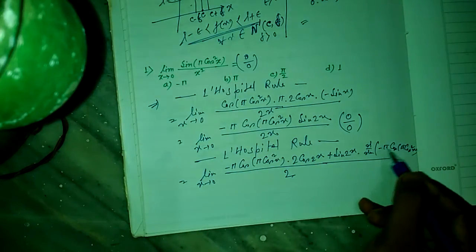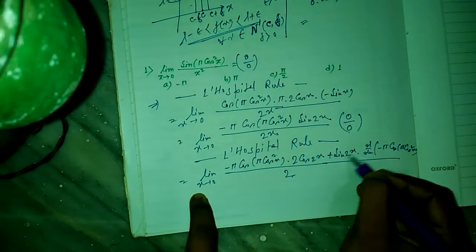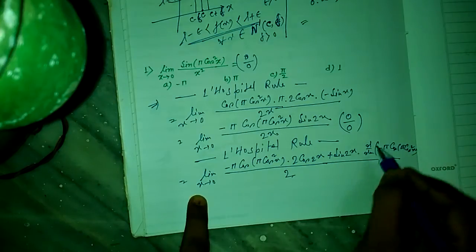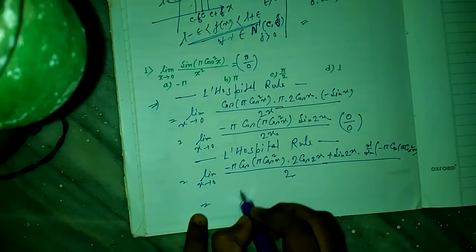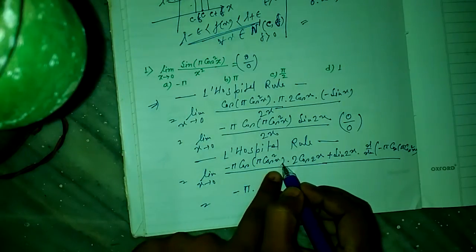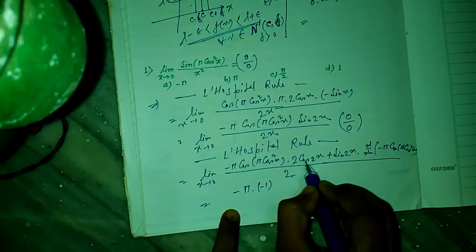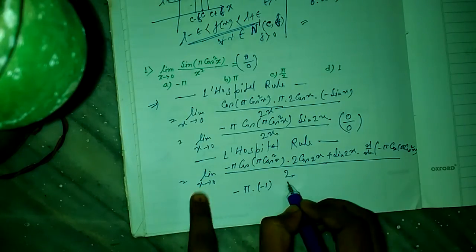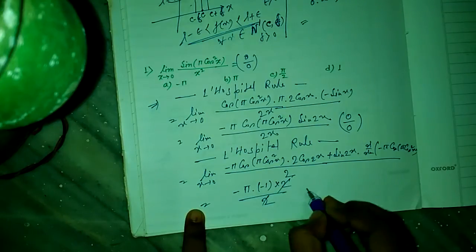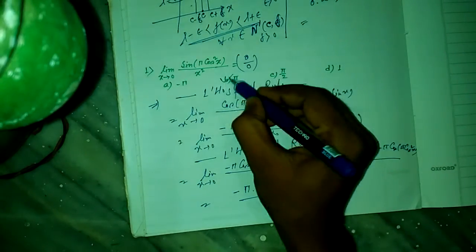Here we are not required to differentiate this term, as when x equals 0, this term will be 0. So this will be minus pi into cos 0 means 1, cos pi means minus 1, into cos 0 means 1, 2 by 2. So this will be pi. Okay, our option B is correct.